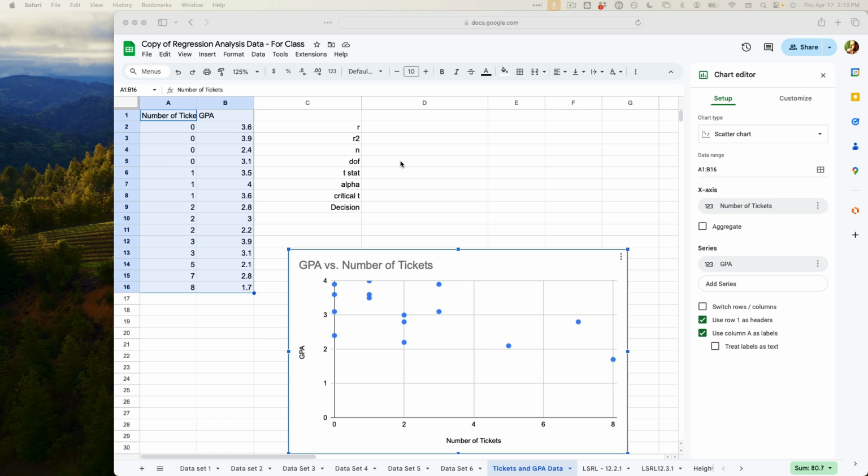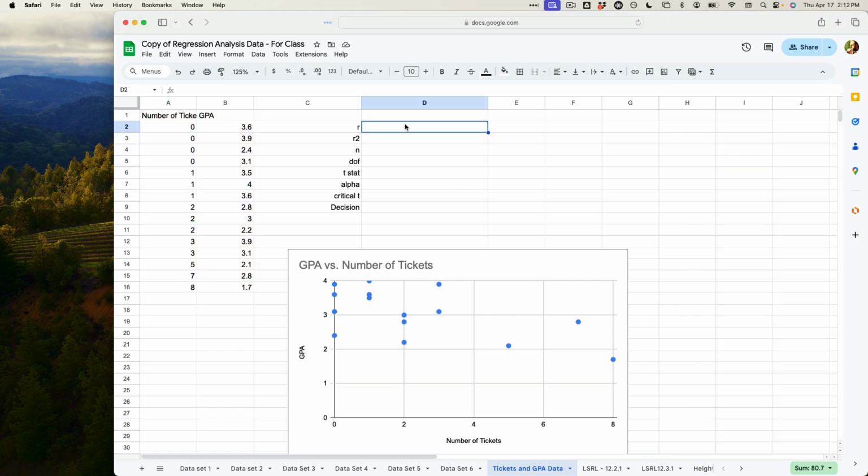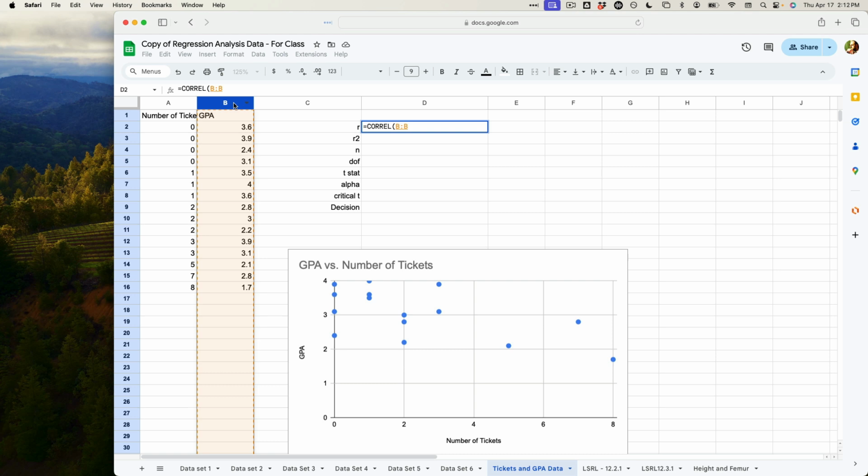The first thing is to compute my correlation coefficient. I'm going to do equal correlation. And for my data Y, I'm just going to pick B and pick the entire column, because now you can use this sheet as a calculator. You copy paste new data, it will automatically do the calculation for you.